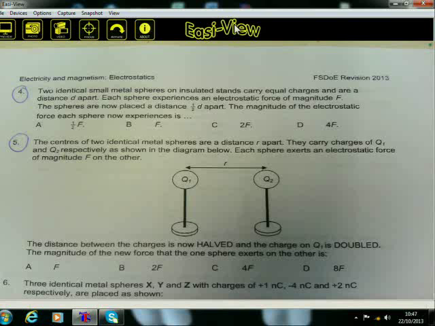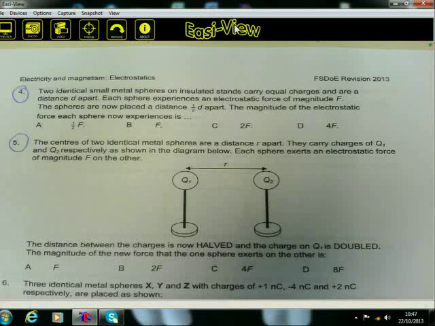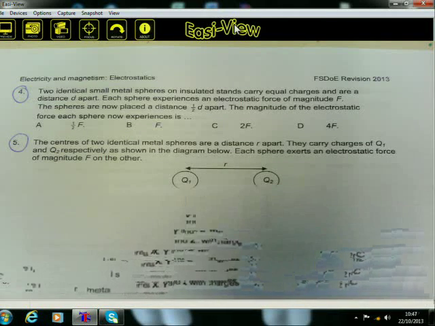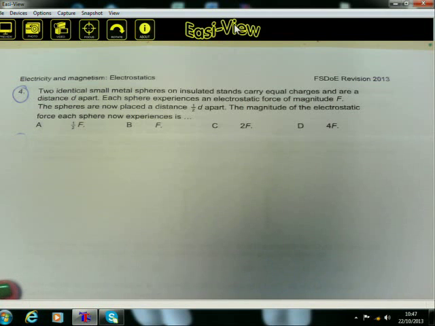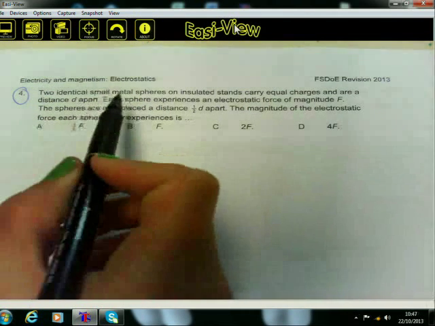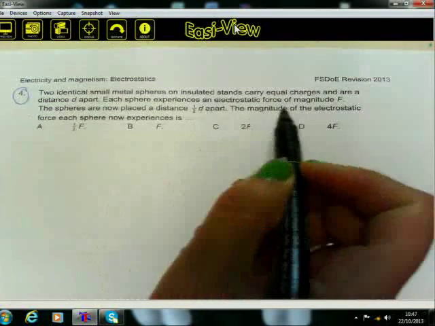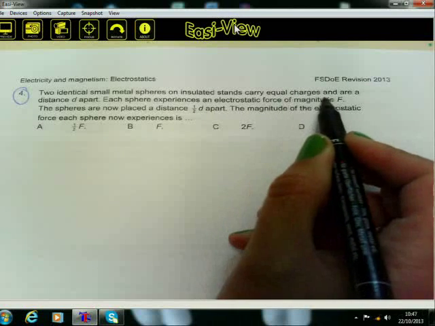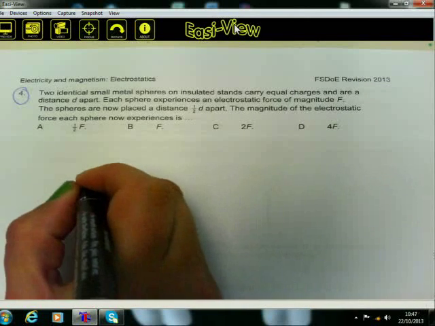Once again, very important question for your final exam. You should be seeing one similar to this in the exam. Two identical metal spheres on insulated stands carry equal charges, so we draw them.